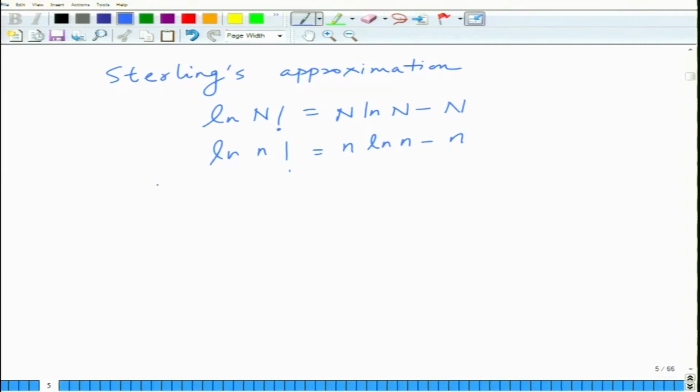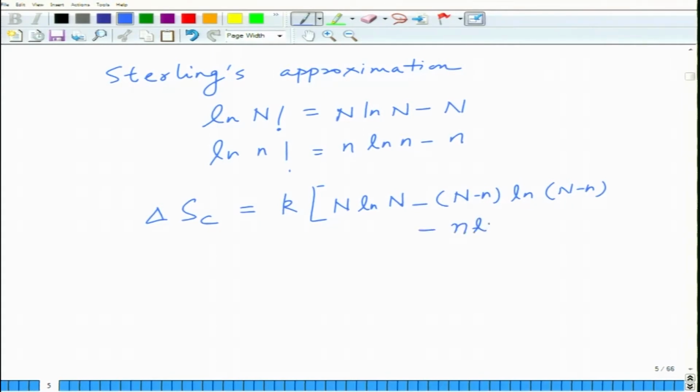If you apply this approximation to the above equation, you find delta SC is equal to small k into [N ln N minus (N minus n) ln (N minus n) minus n ln n].